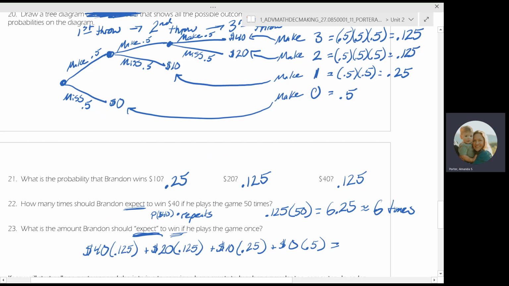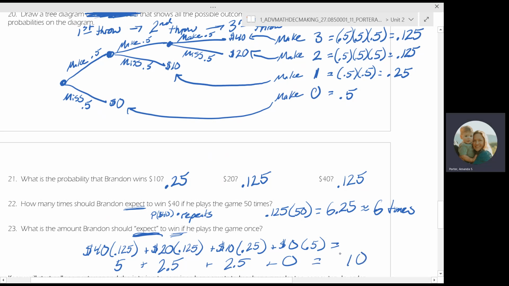So let's see, 40 times 0.125, that's a 5. 20 times 0.125 is a 2.5. 10 times 0.25 is a 2.5. And then 0 times is, of course, 0.